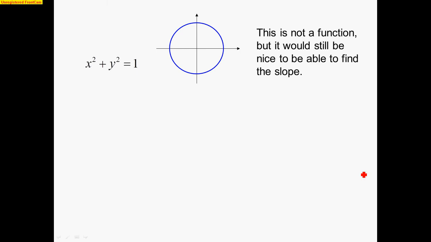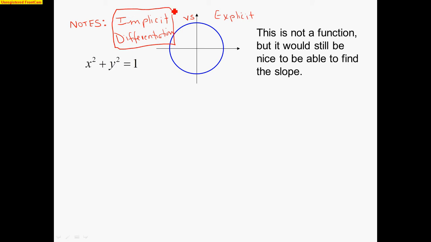Alright, now in your notes, please title them Implicit Differentiation versus explicit differentiation. This is really just the title of your notes, but I want to backtrack a little bit and say that what you've been doing has been explicit differentiation.